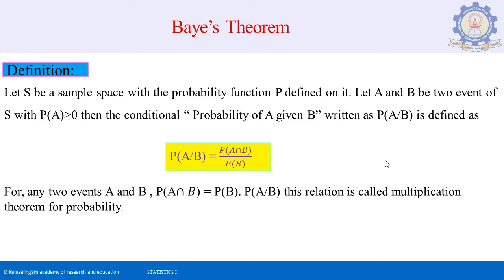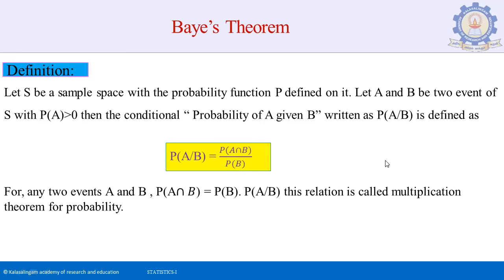So, first we have to see what a conditional probability is. Let S be the sample space with the probability function P defined on it. Let A and B be two events of S, with P of A greater than 0.